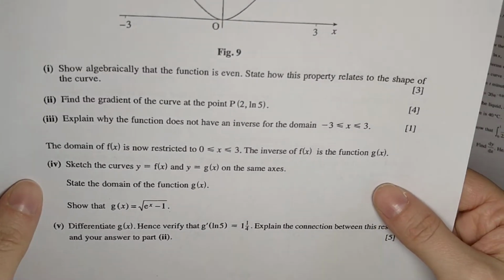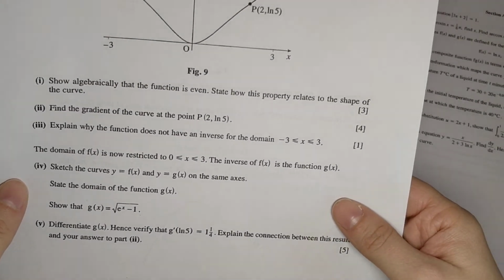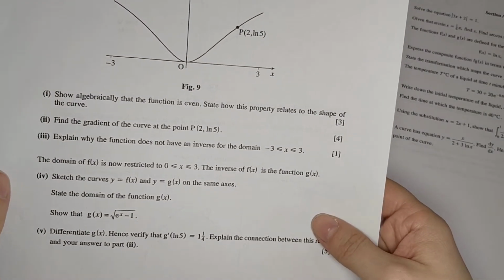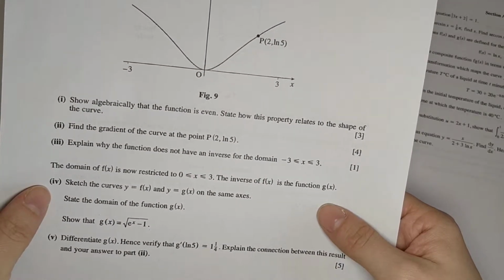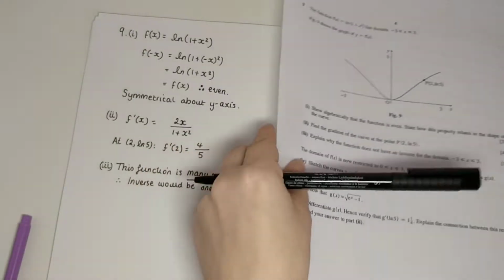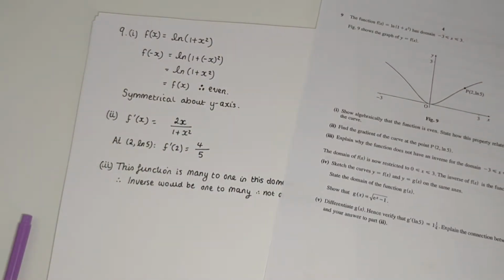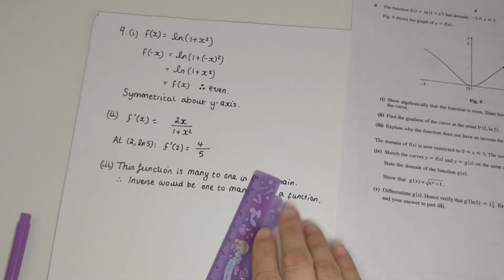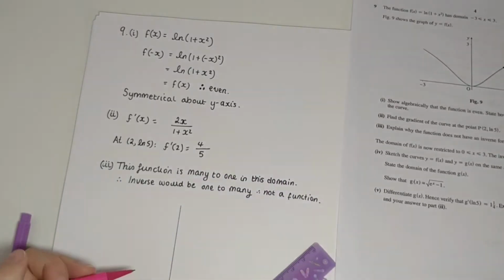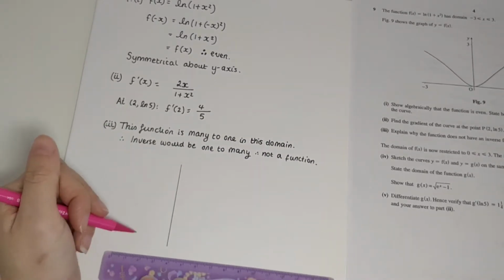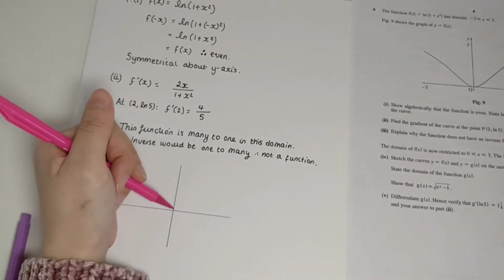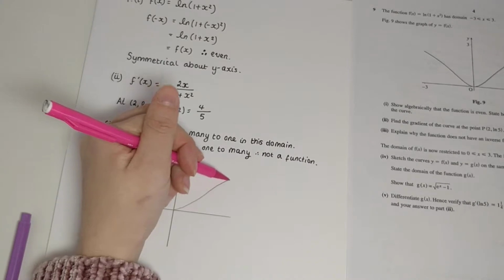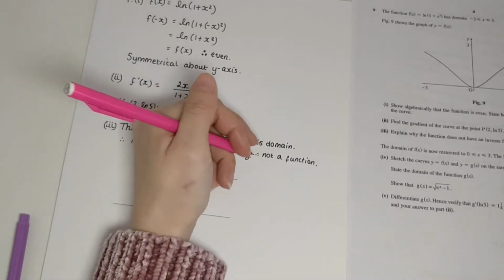Okay, so the domain of f of x is now restricted to what I just said, and the inverse of f of x is going to be called g of x. Sketch those curves on the same axes. So we've got something like that is f of x.